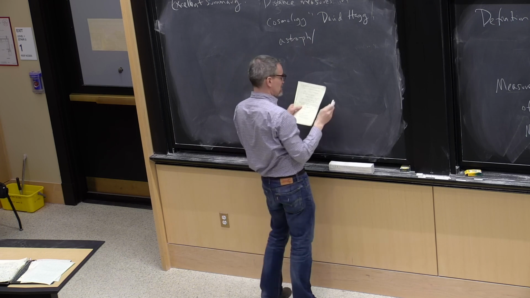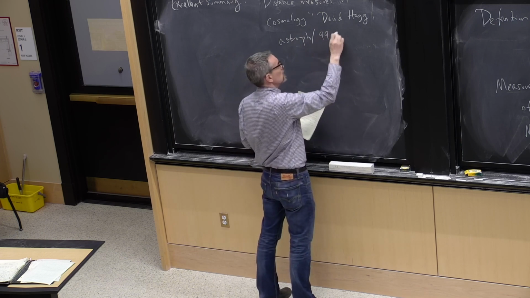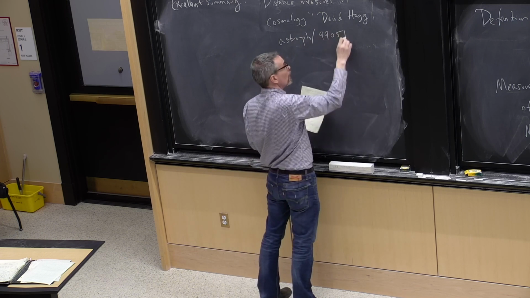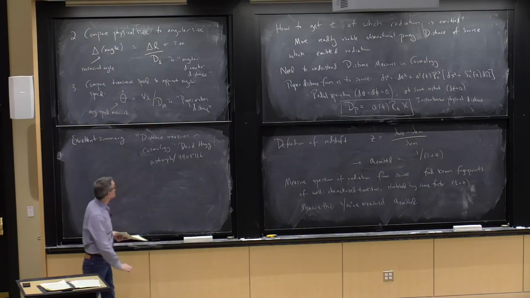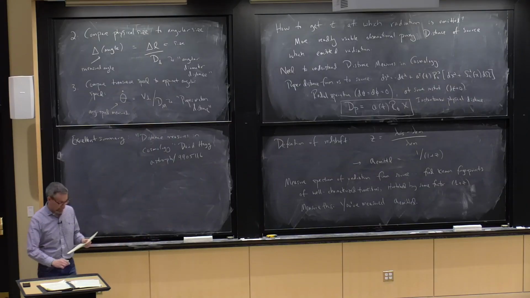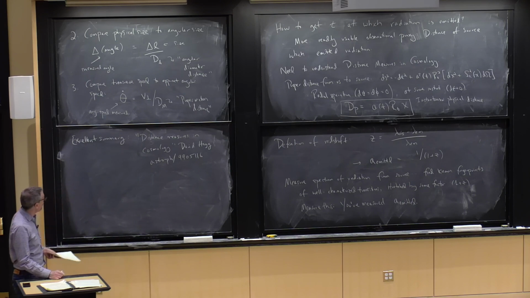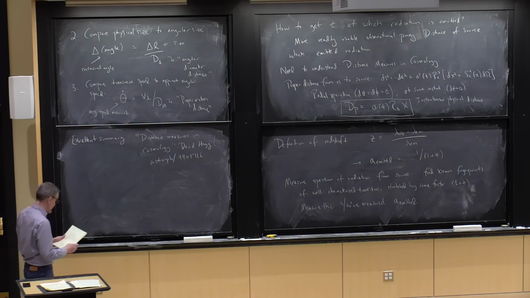You can find this on the astro-ph archive, 9905116. It's hard for me to believe this is almost 21 years old now. This is a gem of a paper. Hogg never submitted it to any journal, just posted it on the archive so that the community could take advantage of it.